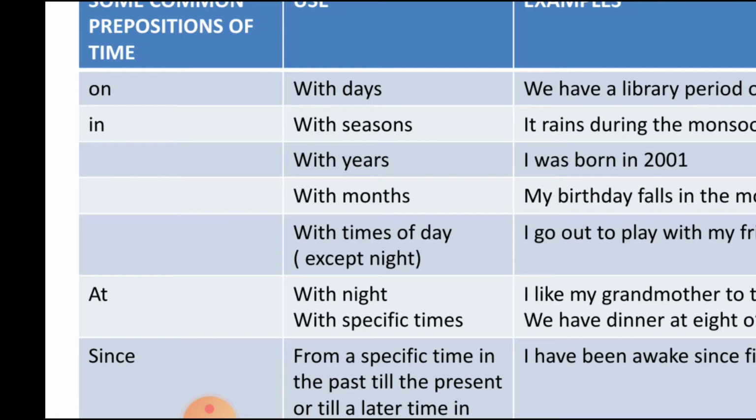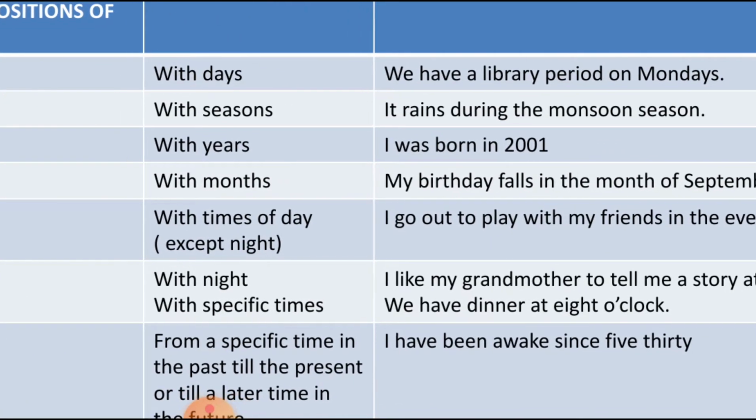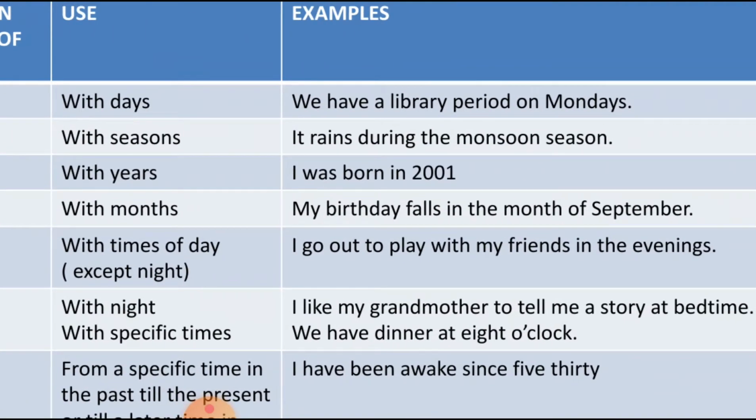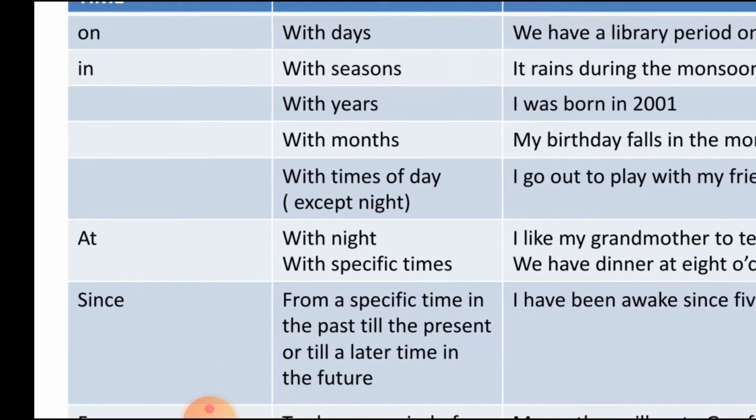I was born in 2001. So here the preposition is in. With months, the preposition used is also in. My birthday falls in the month of September. So here in is the preposition.